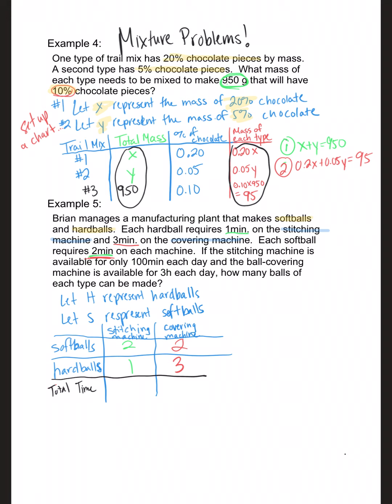All right, so it says if the stitching machine is available for 100 minutes each day. So let's put that as our total time. So 100 minutes each day.